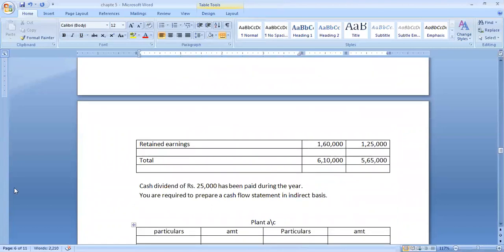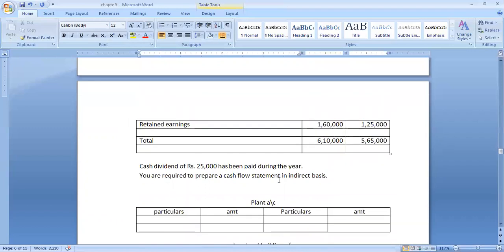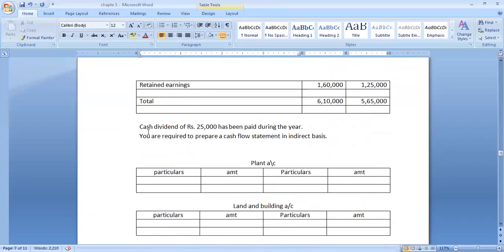Retained earnings. Retained earnings is nothing but the profit and loss account. So the opening and the closing balance, however you took them in the previous problem, here also retained earnings are taken the same way. Clear? Then look at this only one adjustment very carefully. Cash dividend of 25,000 has been paid during the year.